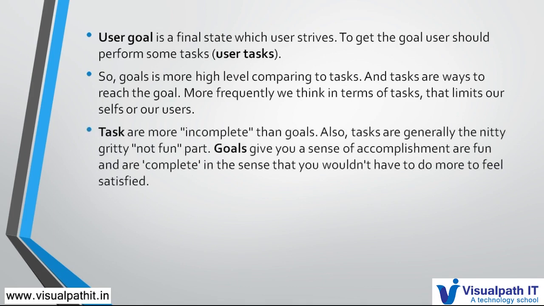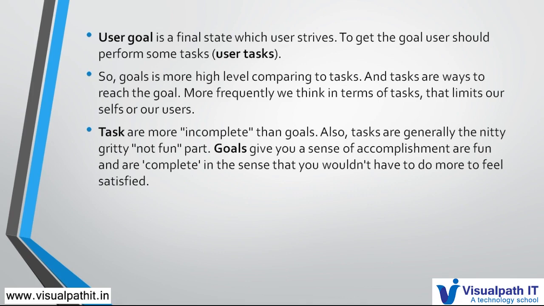Tasks are more incomplete than goals. Also, tasks are generally the nitty gritty, not fun part. A goal gives you a sense of accomplishment, is fun, and is complete in the sense that you would not have to do more to feel satisfied.